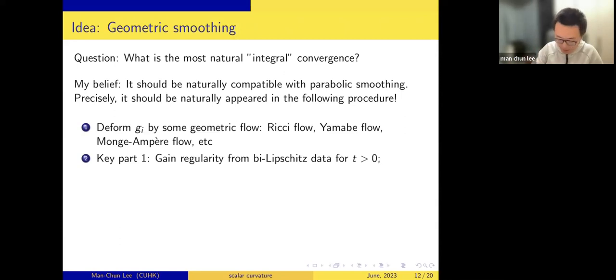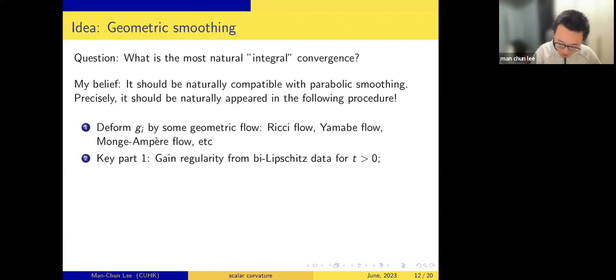In complex geometry, if data is bi-Lipschitz, then it's very easy to get regularity because of some Calabi-Yau estimate. That's why I like this type of assumption. It's also natural because of the example I get, and it also implies no long collapsing, like scalar, Poincare, volume, etc.